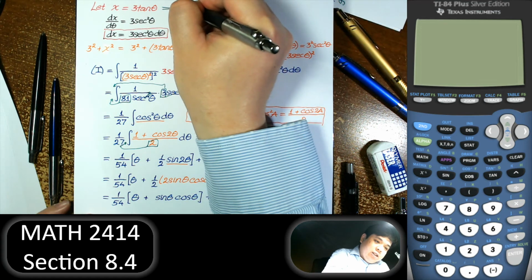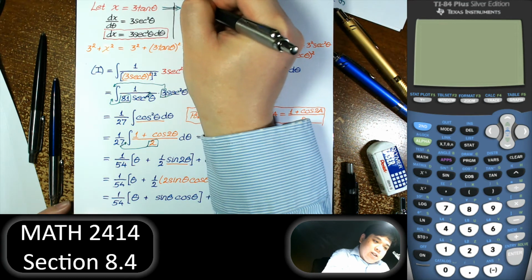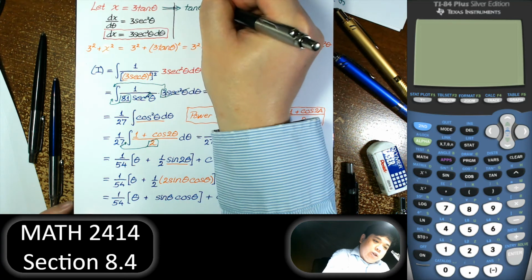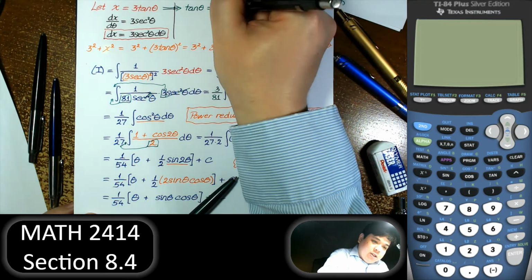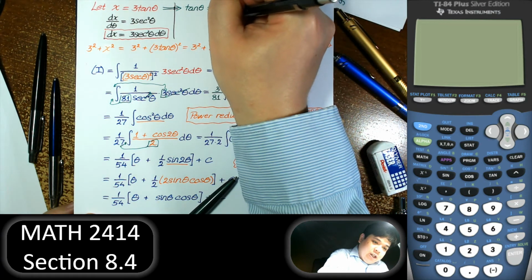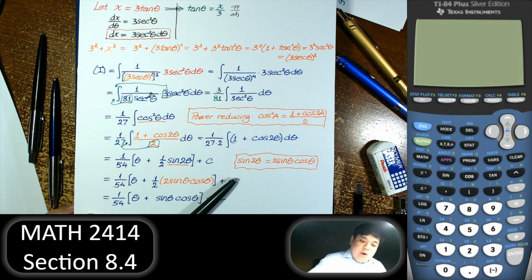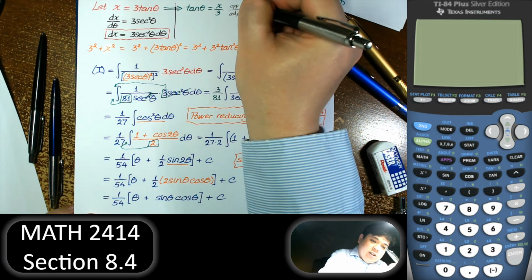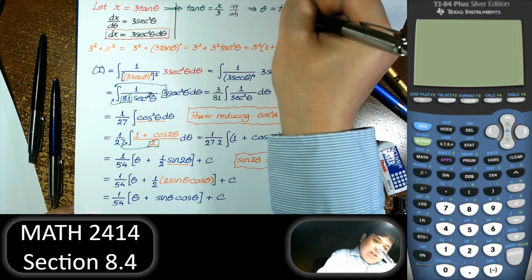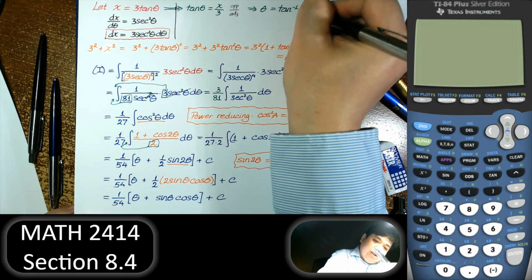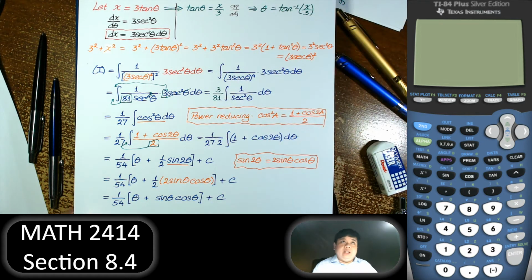So tangent theta is equal to x over 3. It's good. Opposite over adjacent. So this is opposite over adjacent. But not only that, we can say theta is equal to tangent inverse of x over 3.